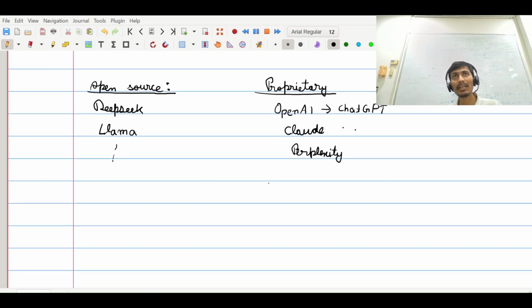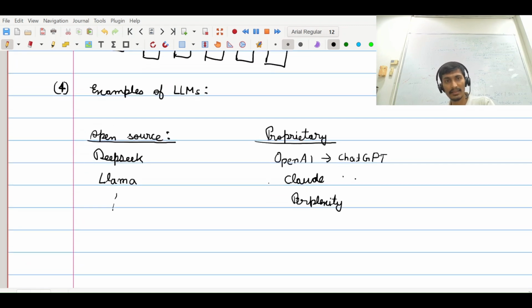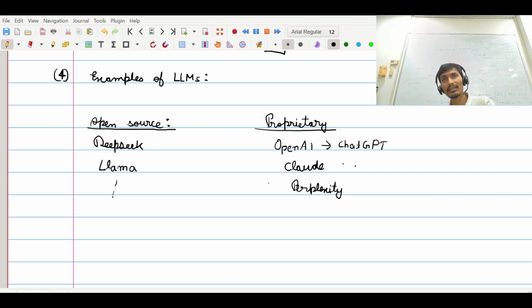So a lot of the behaviors of the proprietary models are guided by the mechanisms which are enforced by the people who are training them and the internal company policies. But for open source models, even if the people who developed them have put some constraints on them or developed them to be good at a particular task, somebody can download it and later tinker with it and change the properties of the model.